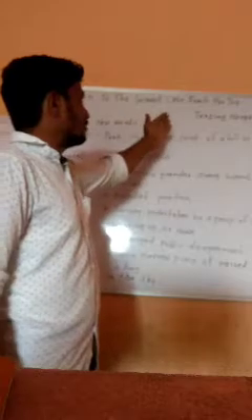I am going to request you, please read once this lesson. On to the summit, we reach the top. Let's see. I am going to read a few lines of this lesson so that you will know very well.